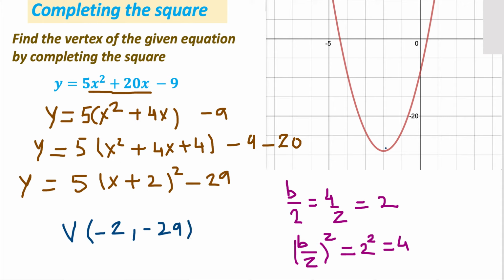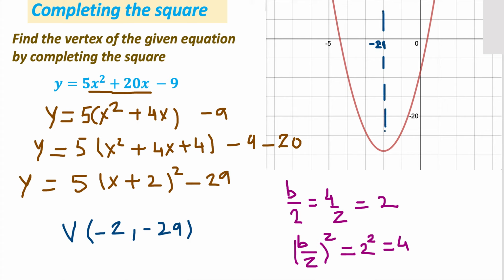And if you look at this graph of the function that represents 5x squared plus 20x minus 9, here we see is a minus 2. If you look here in the graph, in the parabola, here is minus 2. Minus 1, minus 2, minus 3, minus 4, minus 5. So here is a minus 2. This is the axis of symmetry.